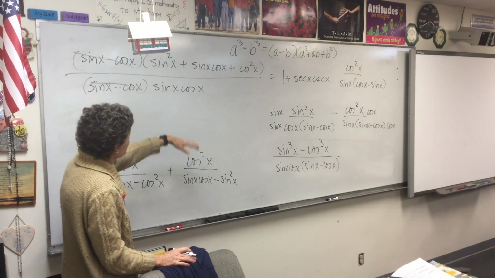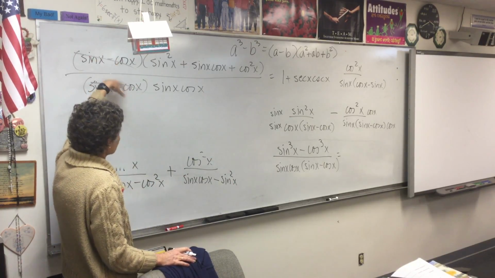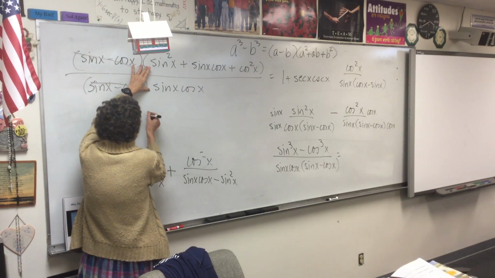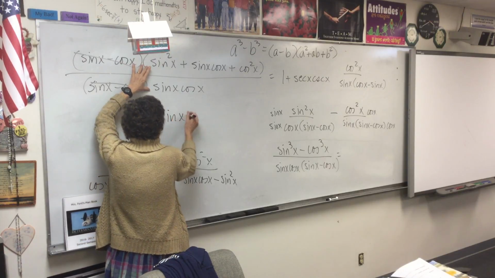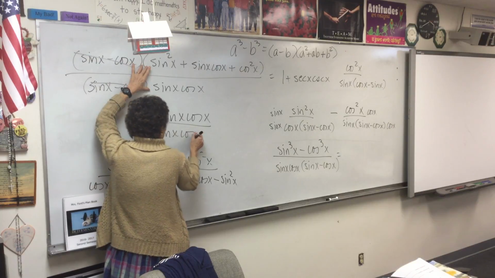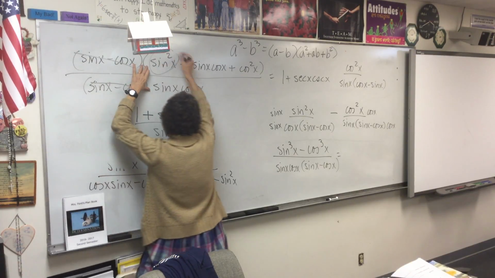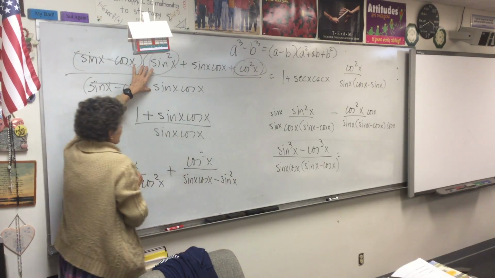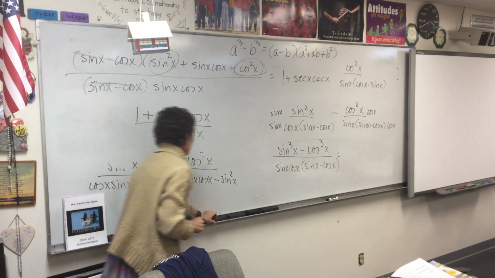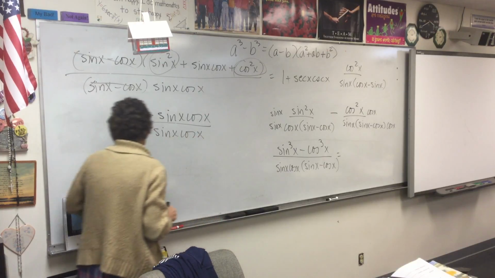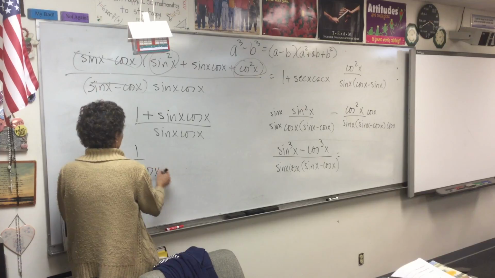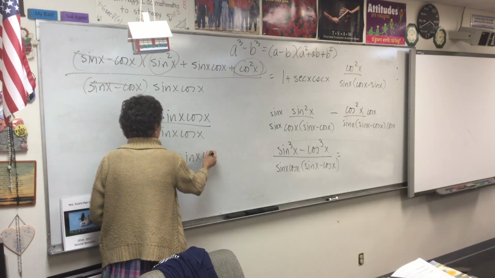This is my factorization of my cubes. This part cancels. So now I'm left with 1 plus sine cosine over sine cosine. So 1 plus sine cosine over sine cosine. Now I'm going to split that apart and say that's 1 over sine cosine plus sine cosine over sine cosine.